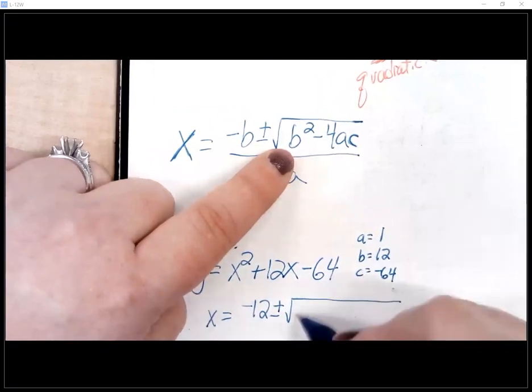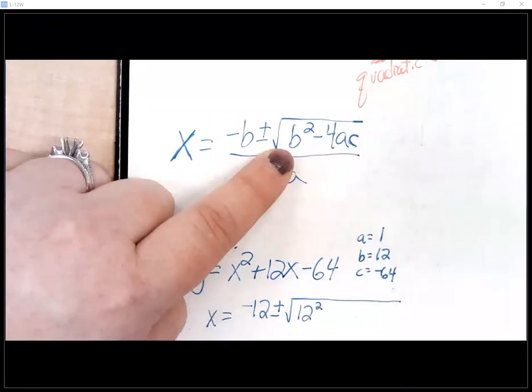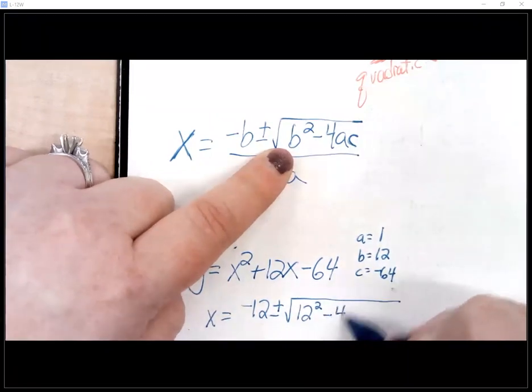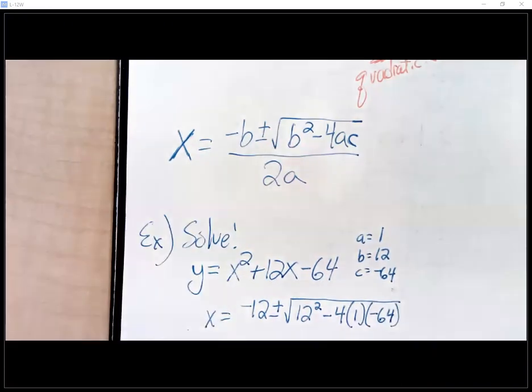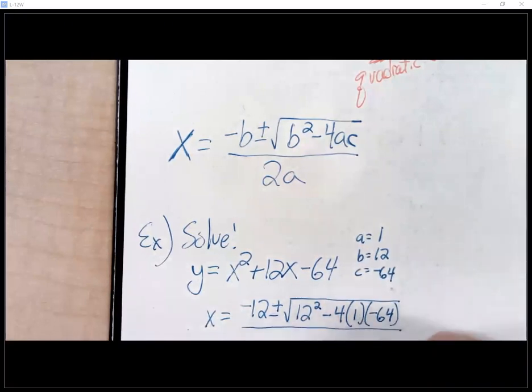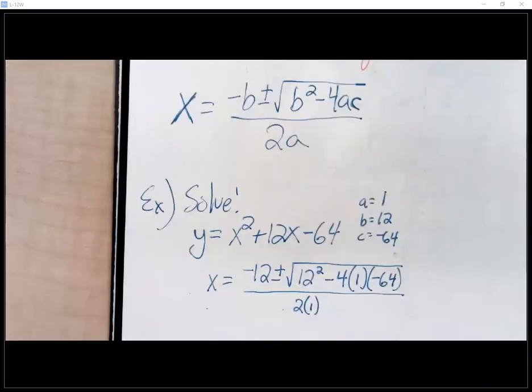I know you know in your head 12 squared is 144, but that's okay. Minus 4 times a, in this case just a 1, times c, which is a negative 64. See how all those pieces are in there? And then the big old denominator, 2 times a, would just be 2 times 1.